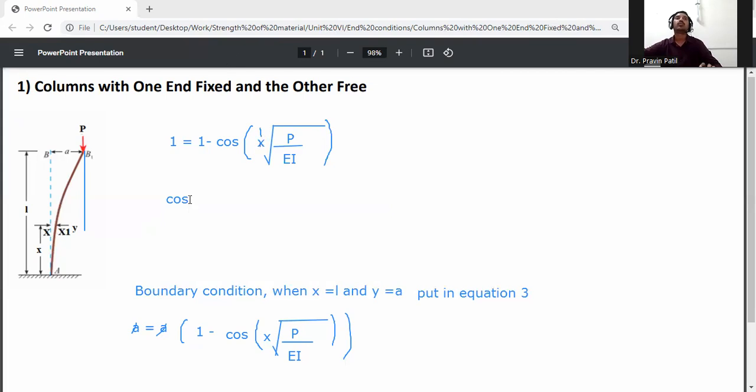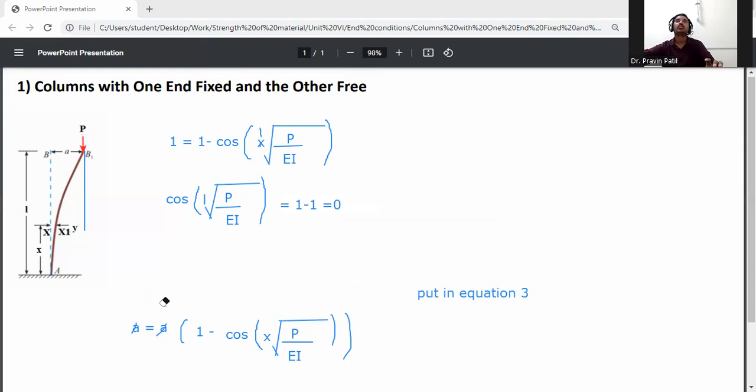So cos in bracket L root of p by a is equal to, so cos L root p by a will be taken to the left side. So 1 minus 1 will get 0.